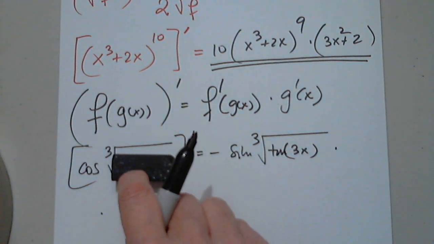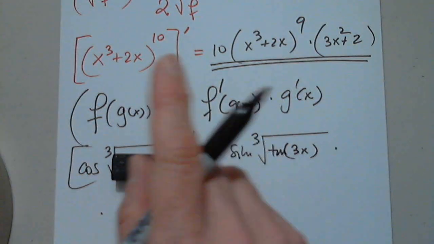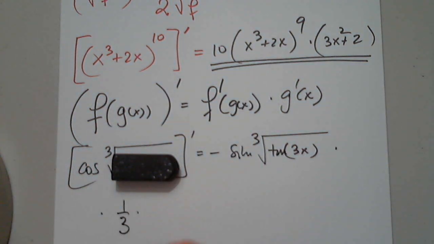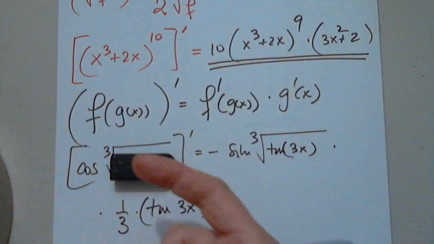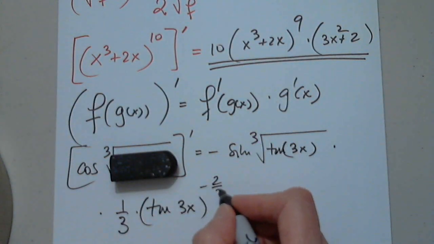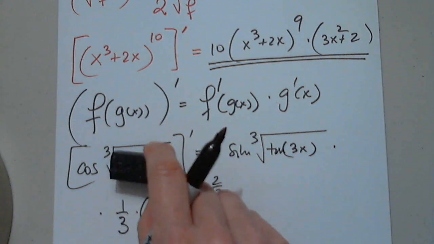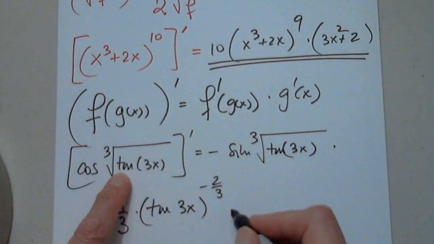Remember, the cube root is something to the power 1/3. So we bring down 1/3 times this to the power 1/3 minus 1, which is negative 2/3, times tangent prime.